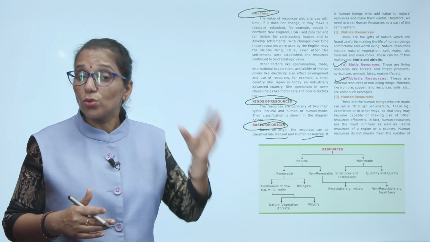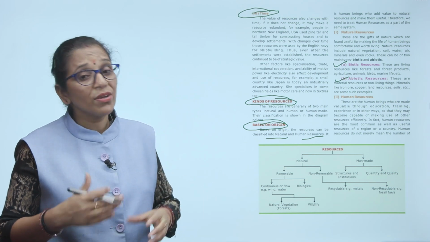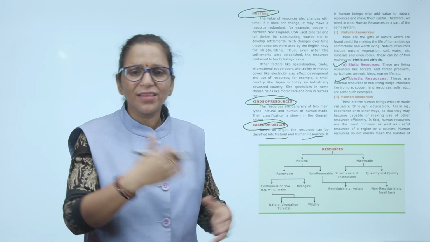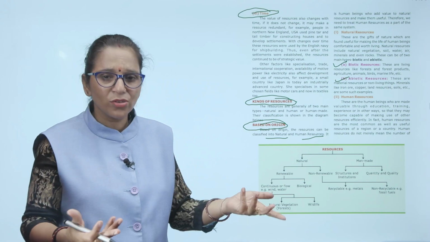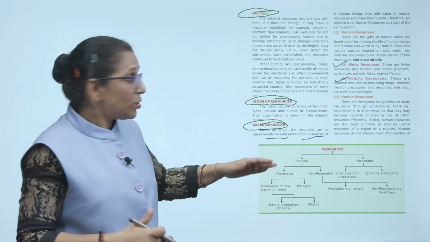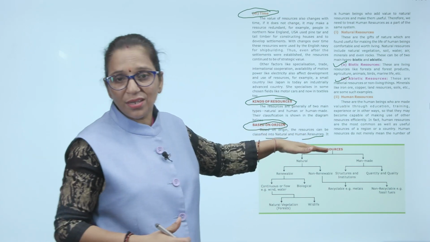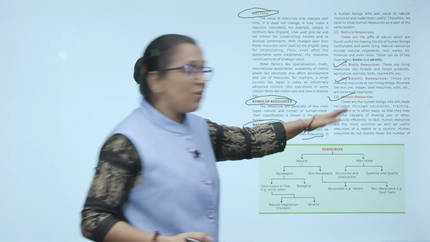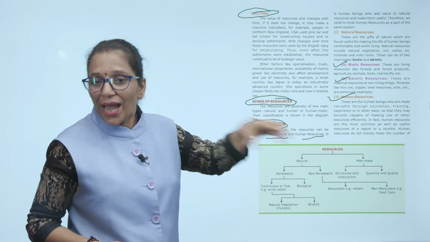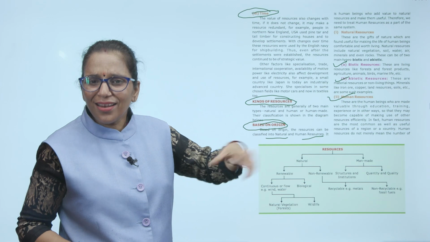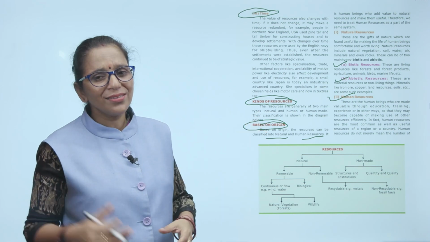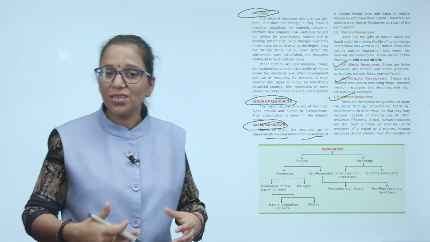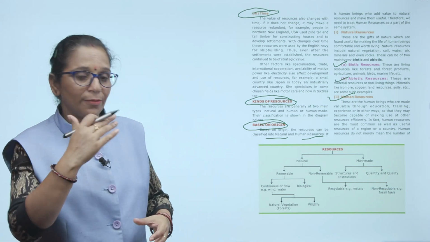Abiotic resources are those resources which have origin from non-living things like minerals, iron ore, copper, metal, land resources, etc. Now the other one on the basis of origin is human resources. These are human beings who are made valuable through education, training, skill, experience, or you can say that they become capable of making use of other resources efficiently.